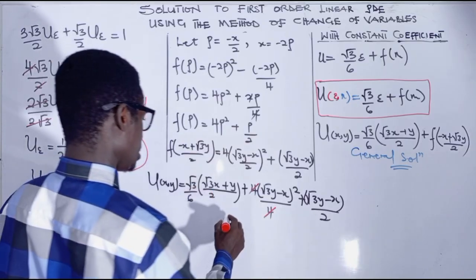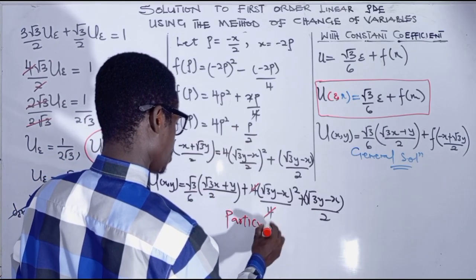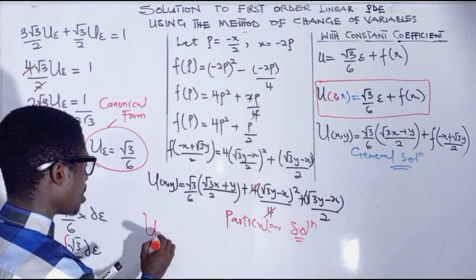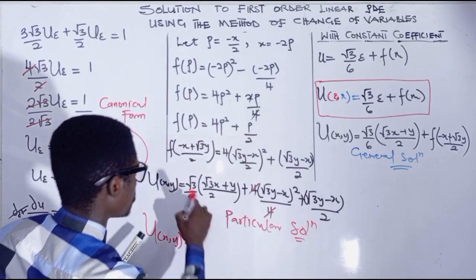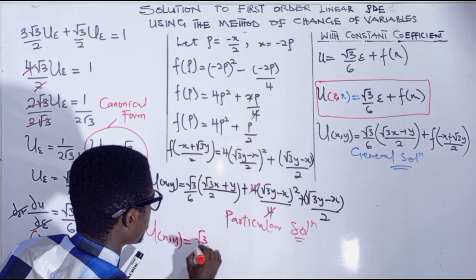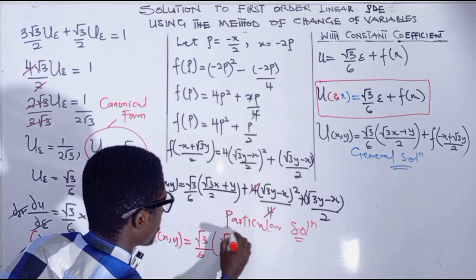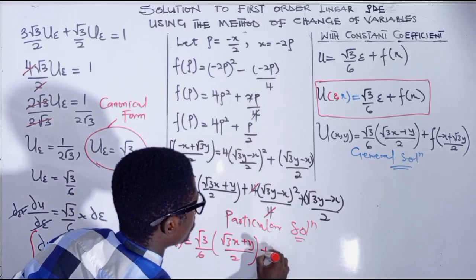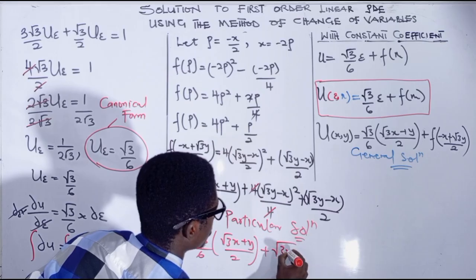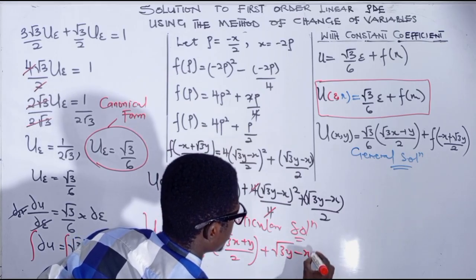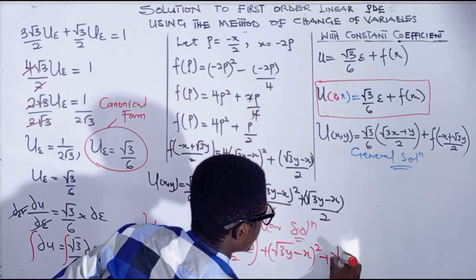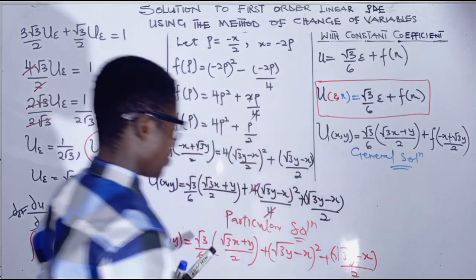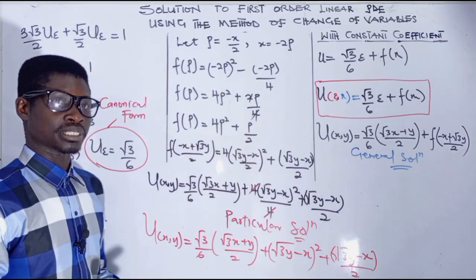So our particular solution will be giving us u at x, y is equal to root 3 all over 6 all over 2 plus minus x all squared plus root 3y minus x all over 2. Very, very easy and simple. So this is our particular solution.